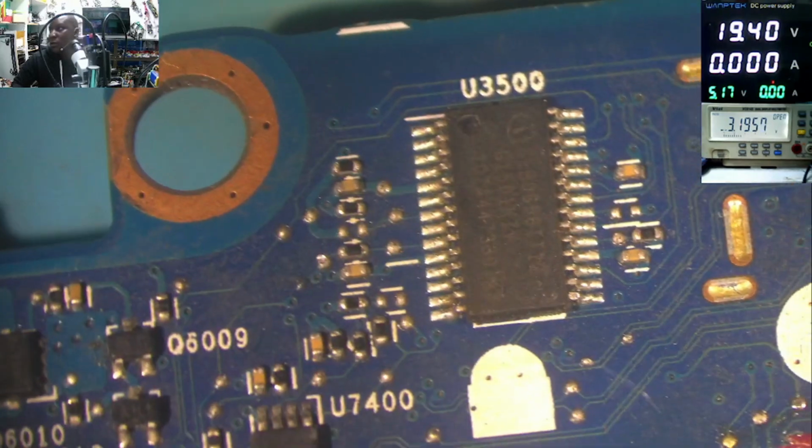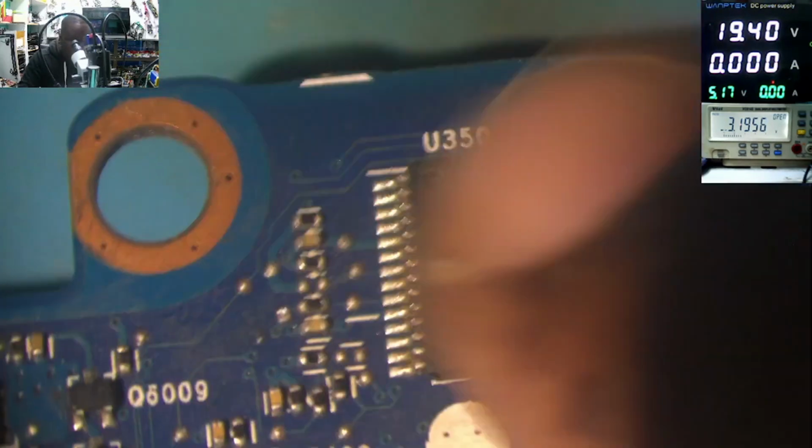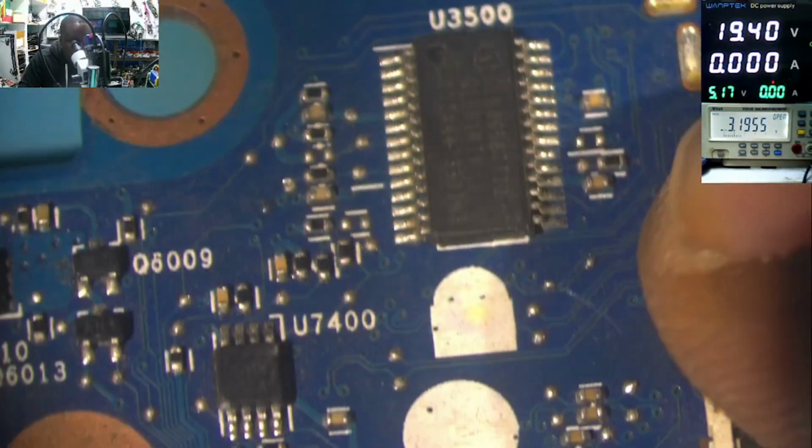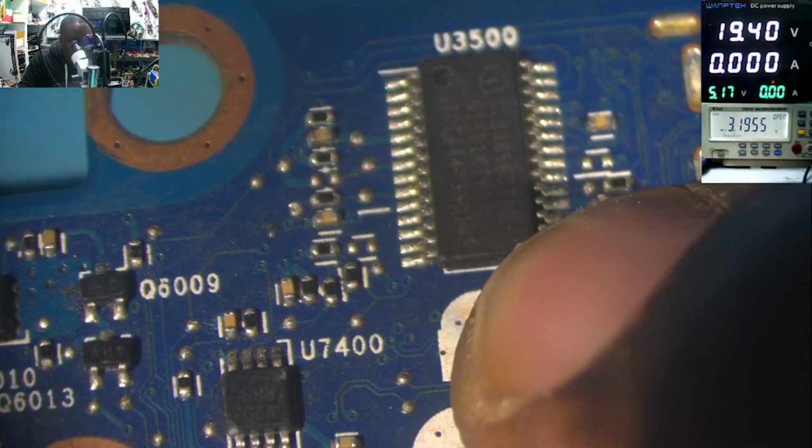What about this long chip? What is written on this chip? Here we have another chip, SMSC.